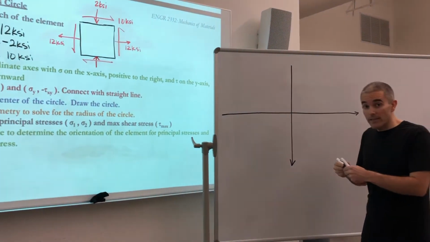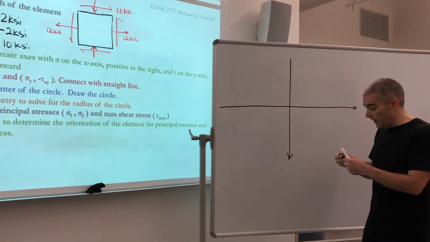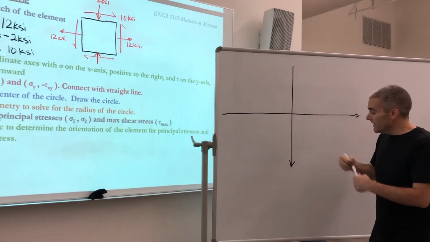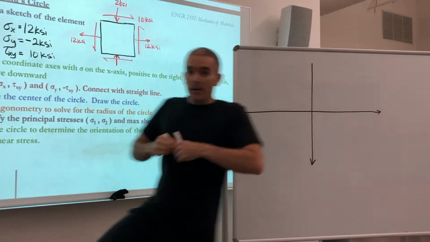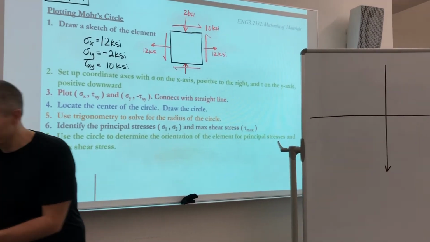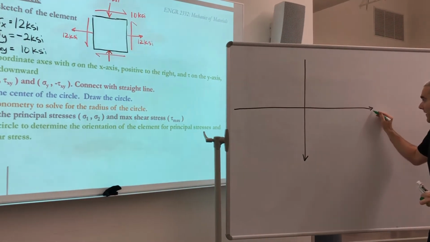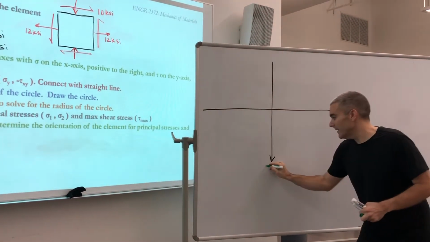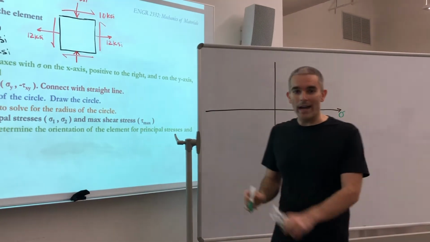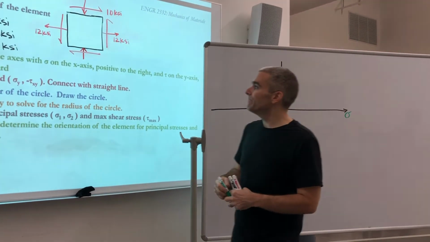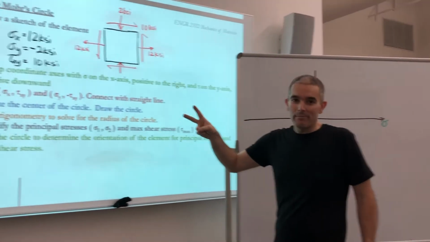You can plot your circle underneath example 1, and make sure that we get all of our markers. Sigma on the x-axis, tau on the y-axis, positive downward. All right, step 2 done.